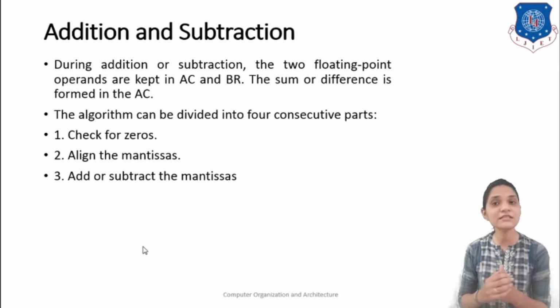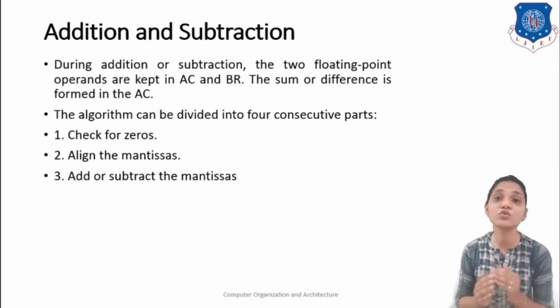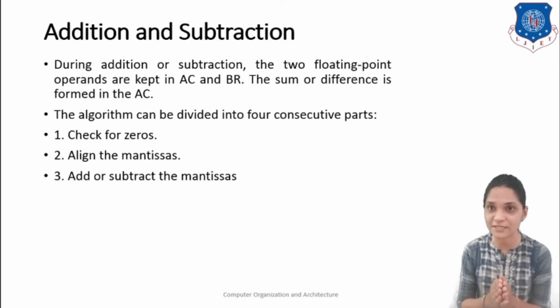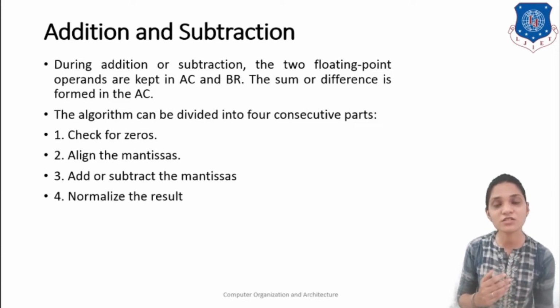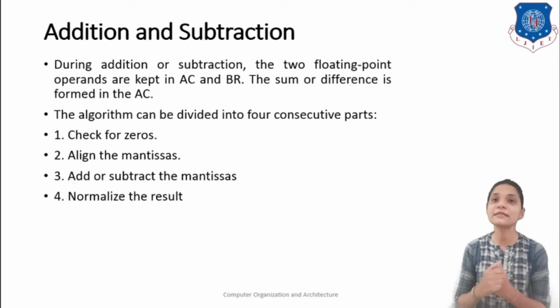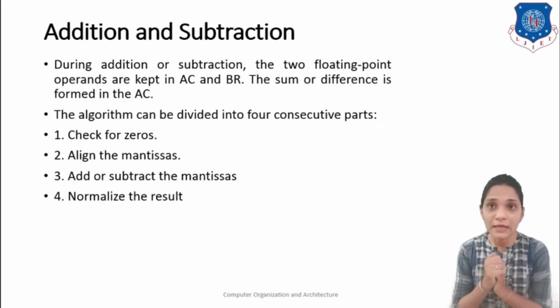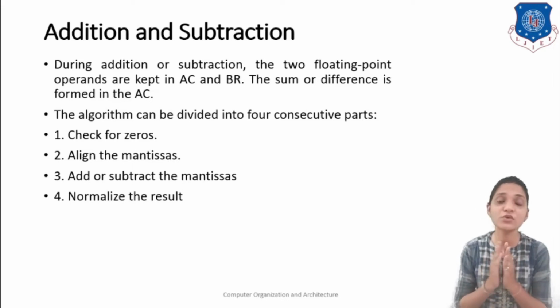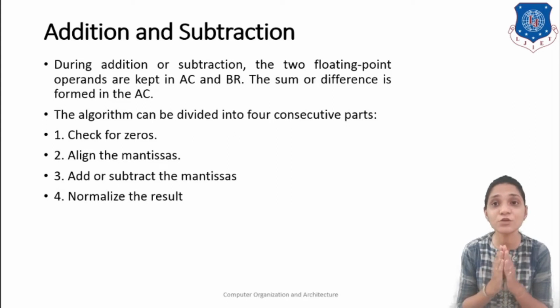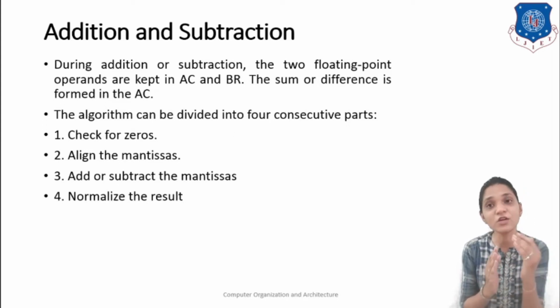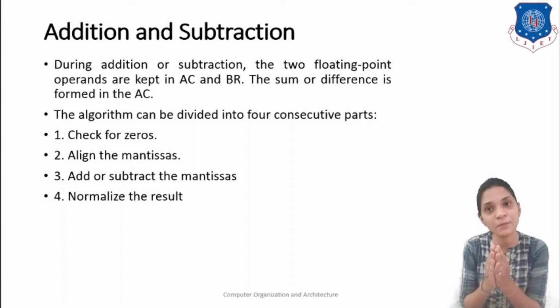After aligning the mantissa, you have to do the addition or the subtraction operation, whatever you have been asked. And after addition or subtraction, you have to normalize the result. So for addition or subtraction, you have to take care that your exponent values are the same. Then and only then you can do the addition of mantissa.